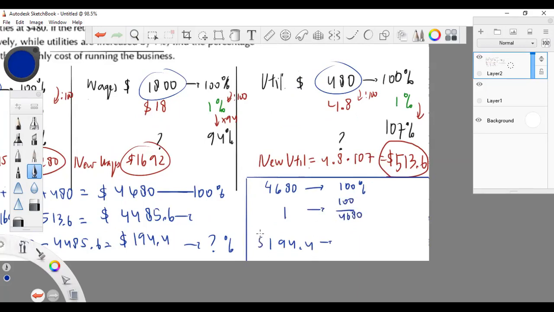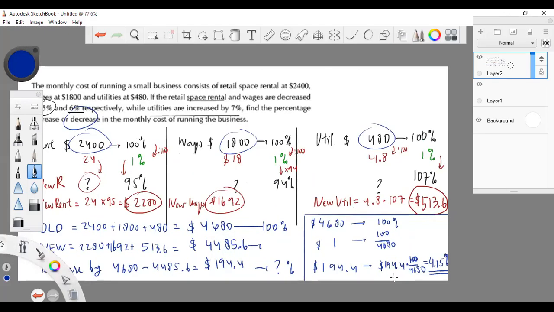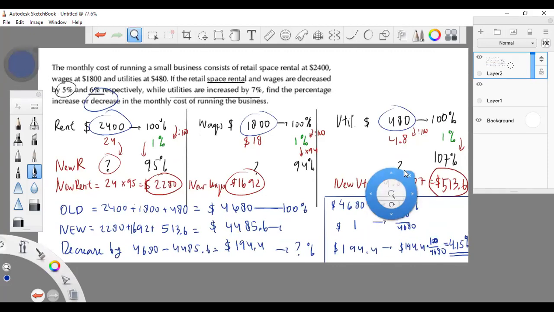And this will be 194.4 times 100 over 4680. So what's the answer? 4.15%. I just round the number. It's actually 4.153846154. It's too much, so this will be the answer. I will make it simple. Please print screen if you need to print screen this file.